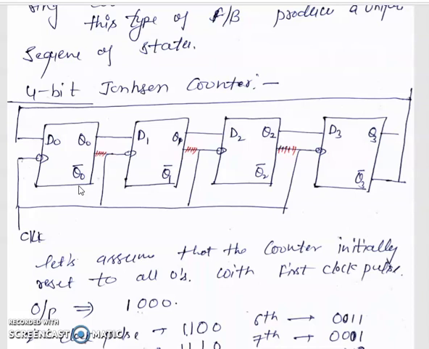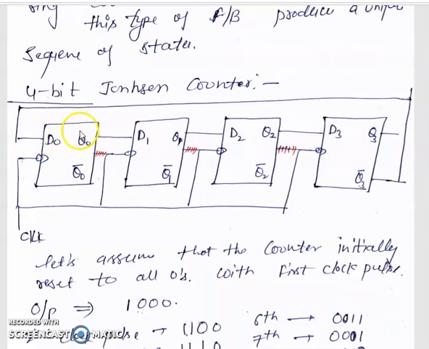Here the negative-triggered clock pulse is given to all the flip-flops simultaneously. The Q bar of the last flip-flop, the inverted output, is fed back through this loop to the input of the first flip-flop, D0.